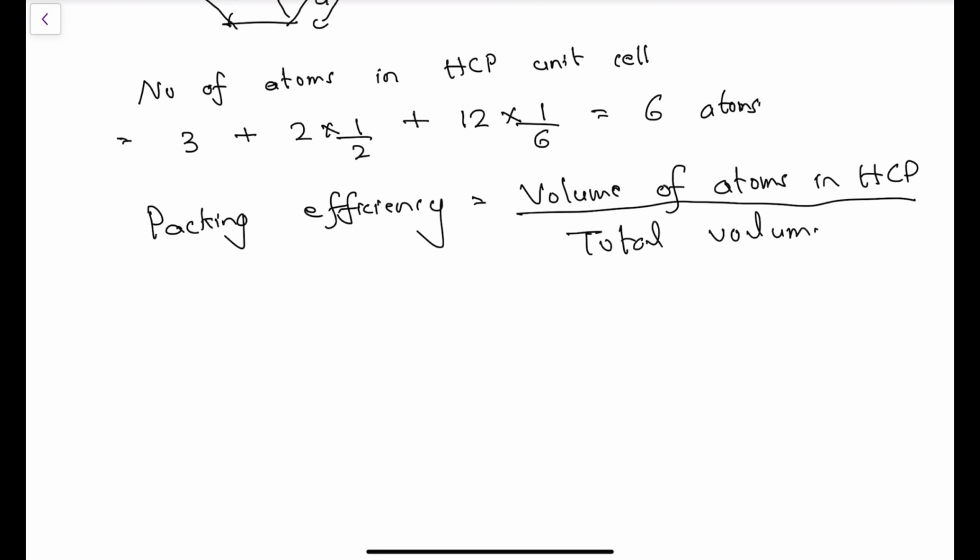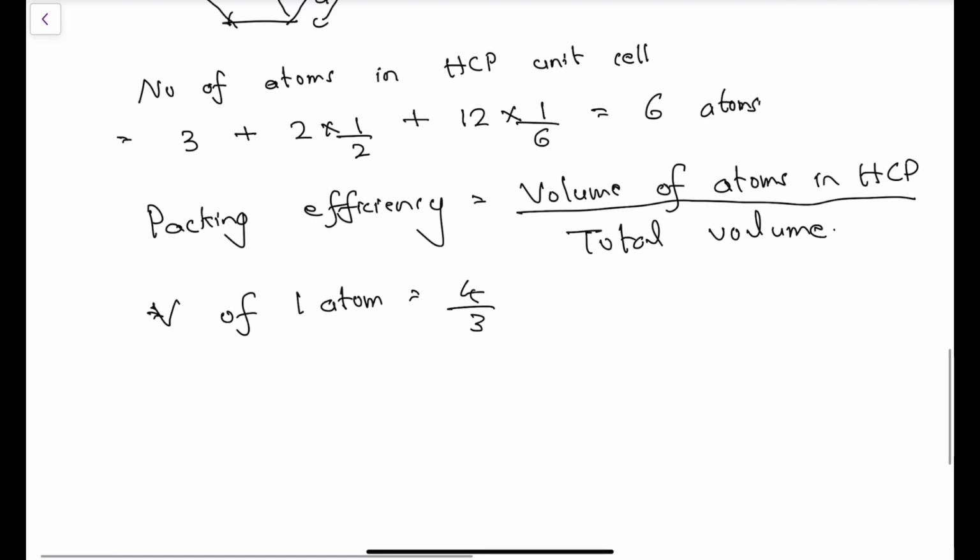Then you need to understand what is the volume of one atom. The volume of one atom is given by, we are assuming the atom to be a hard sphere, so it is 4 by 3 pi r cube.